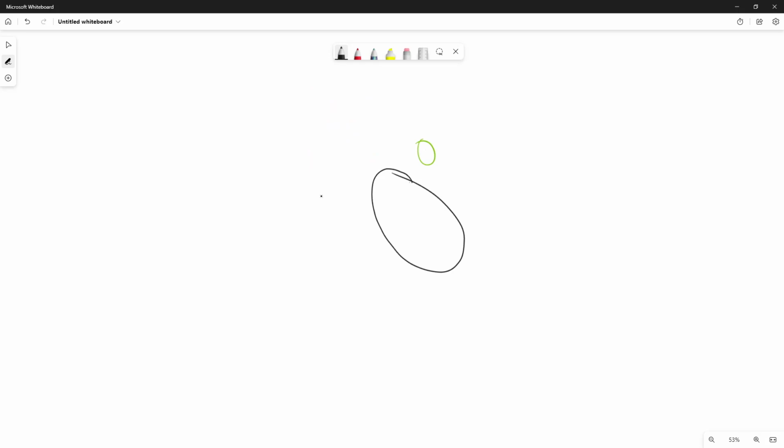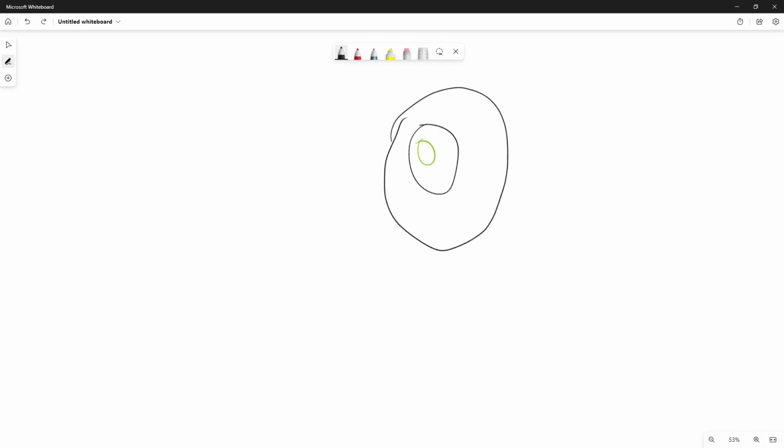To engulf this food particle, the cell will need to have its arm around this food, and slowly and steadily it will engulf this food particle in a vesicle, and this is phagocytosis.